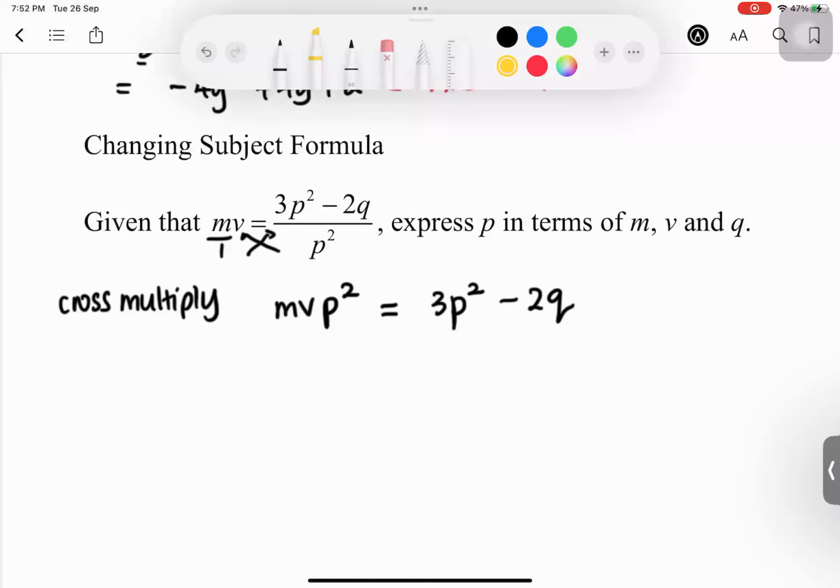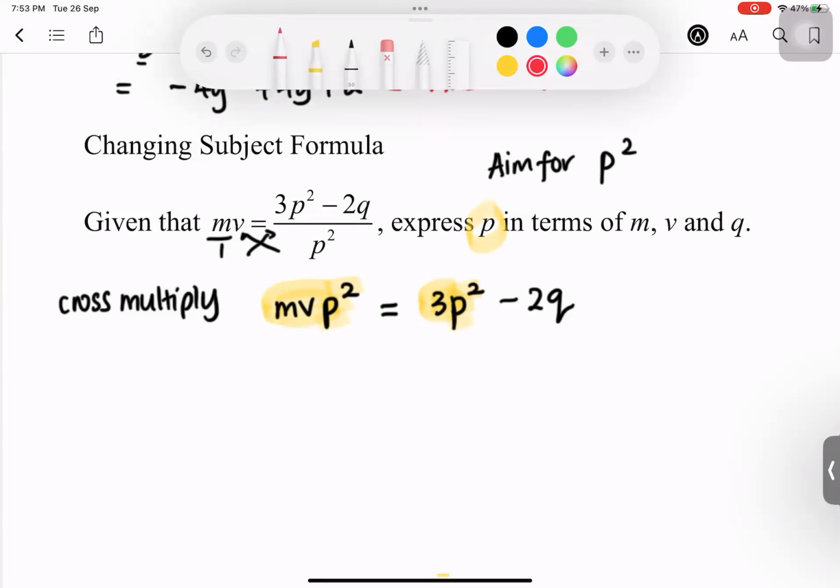They want to find p. However, I don't have p, I have p squared. So I will aim for p squared first. But it's not just that letter, it's the whole term with it. You need to move the mp squared and the 3p squared together.